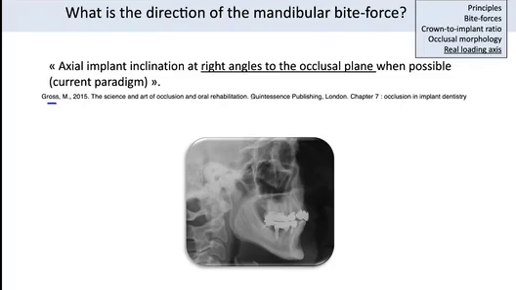It's a very interesting book with a big chapter concerning occlusion and implants. And he says, axial implant inclination at right angles to the occlusal plane when possible. It is for him a current product. I agree with a little modification: not the occlusal plane, but the occlusal table of each tooth.